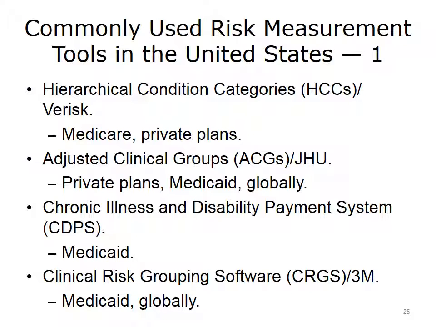In addition to the U.S., they are used in 20 or so other nations. Chronic Illness and Disability Payment System, CDPS, is a methodology that was originally developed for Medicaid programs. Clinical Risk Grouping Software, CRGS, is a methodology developed by the 3M Corporation, who also developed DRGs. It is used in various Medicaid programs and private organizations in the U.S. and various other locations globally.